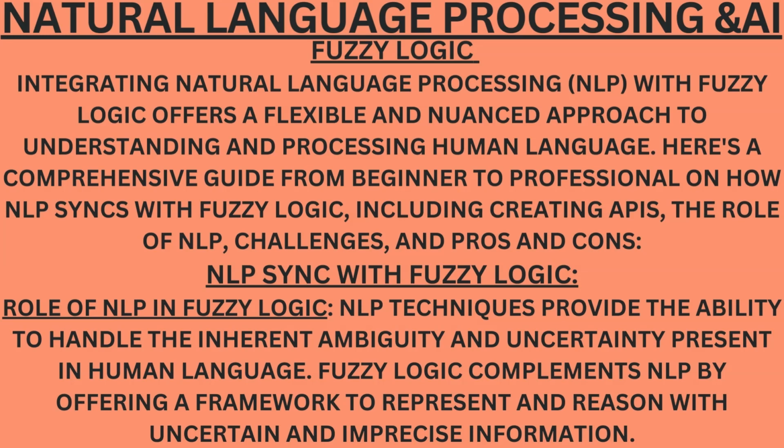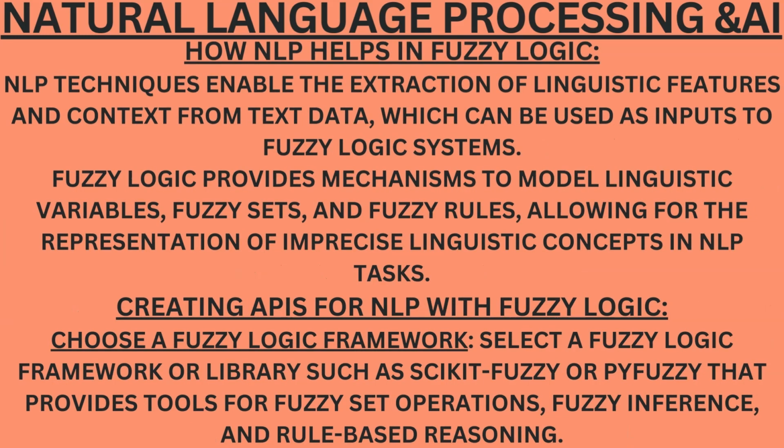Role of NLP in fuzzy logic. NLP techniques provide the ability to handle the inherent ambiguity and uncertainty present in human language. Fuzzy logic complements NLP by offering a framework to represent and reason with uncertain and imprecise information. How NLP helps in fuzzy logic.